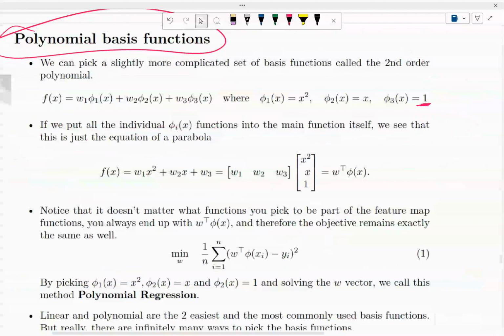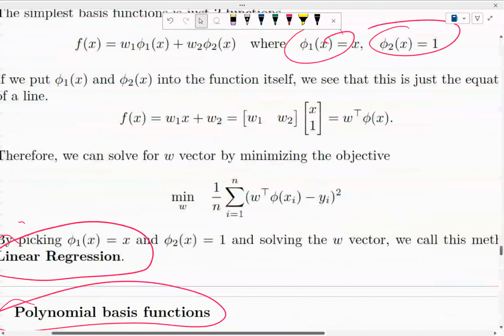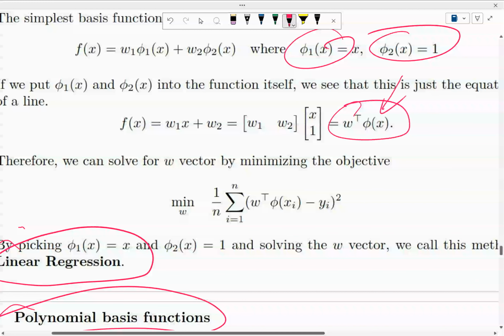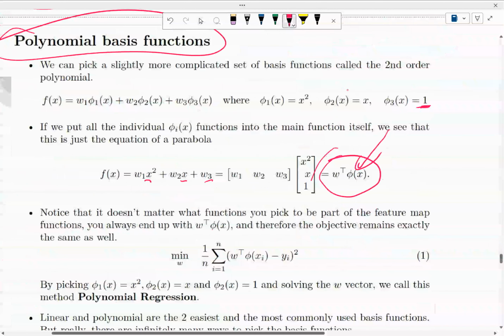Notice how even though we have three of them, this becomes W1, W2, W3, and this right here is x squared, x, 1, but we write exactly the same thing as linear regression. It doesn't care how big the vector W is. You can always write it this way.